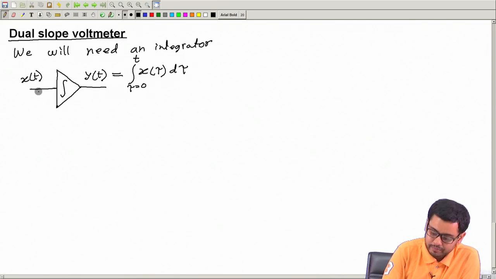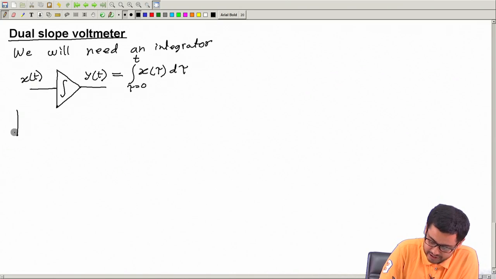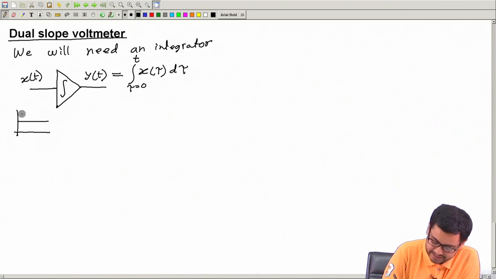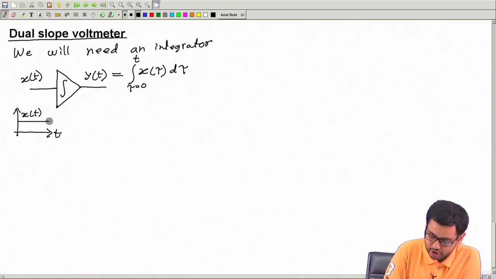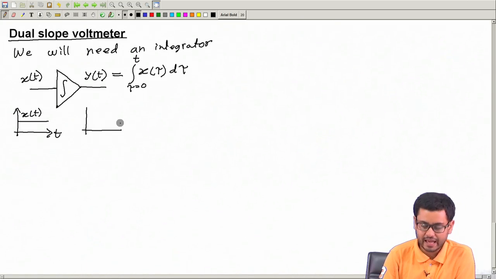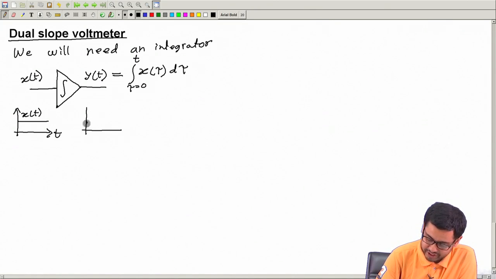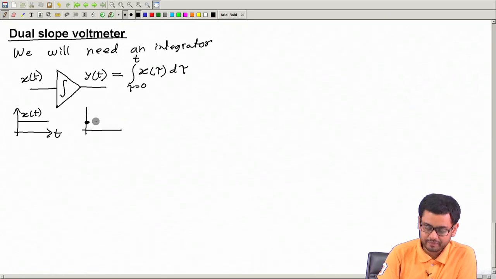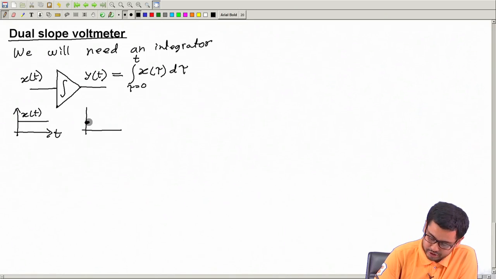Let me take an example. If the input x(t) is constant over time, the output will start from this value and then increase like this. This is y(t).